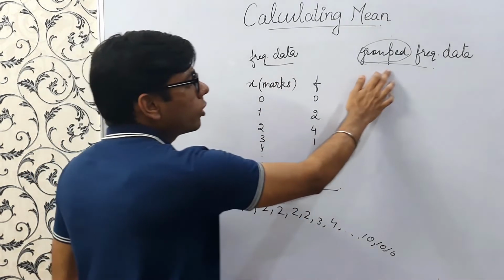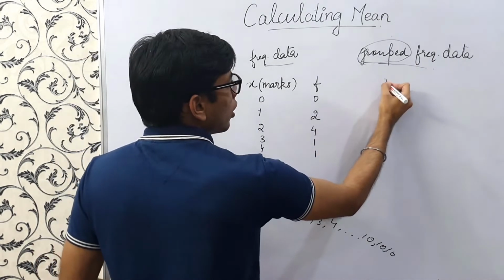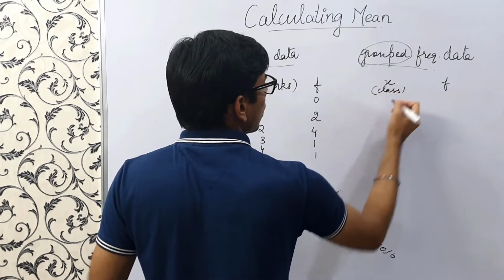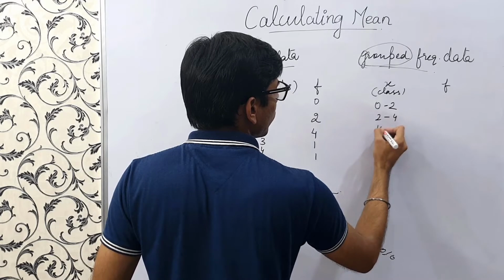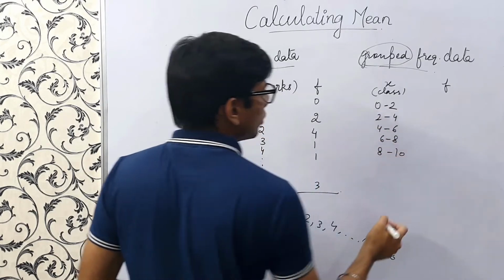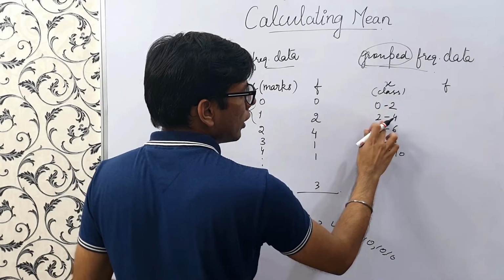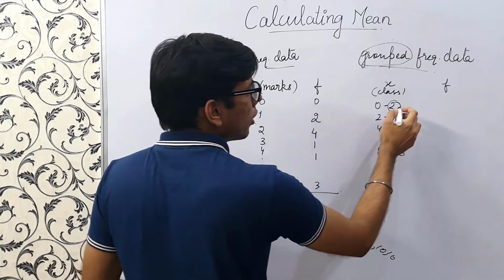Now the grouped frequency data. In grouped data, we create classes, like 0 to 2, 2 to 4, 4 to 6, 6 to 8, and 8 to 10. In 0 to 2, the 2 will be covered in 2 to 4, so we say this is exclusive.